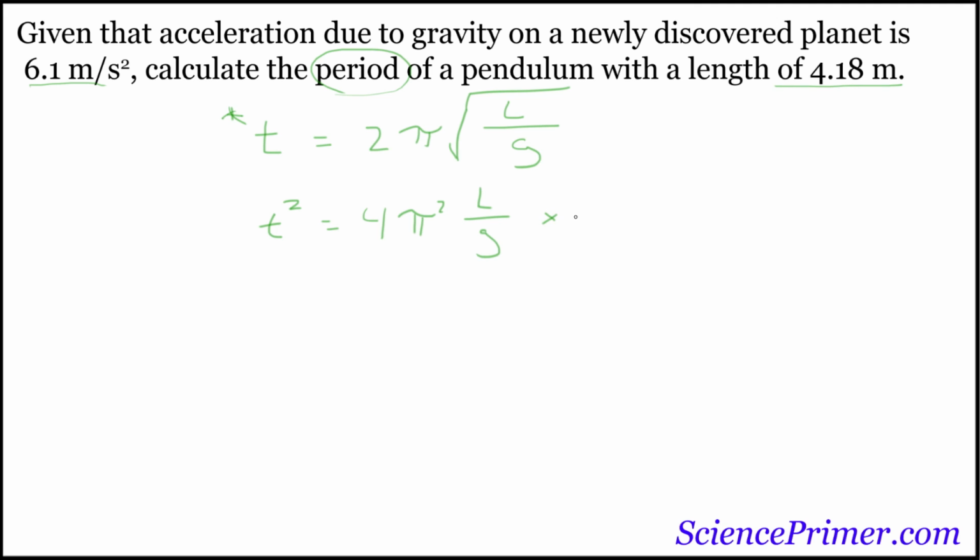Then we need to multiply both sides by gravity to get the gravity out of the denominator. So gravities cancel here and you end up with gravity times time squared equals 4 pi squared times the length, and then if we just divide both sides by time squared, the time squareds cancel here.